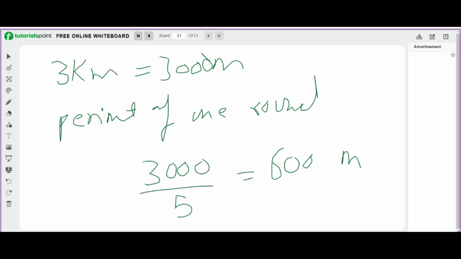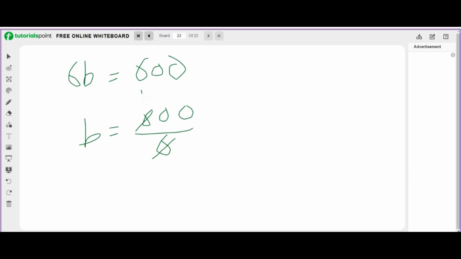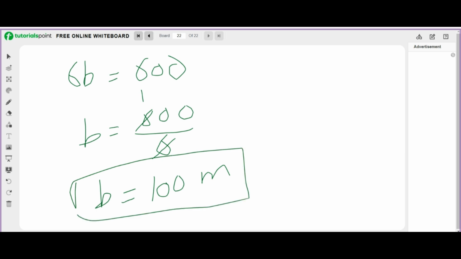Now 6B is equal to 600. Now I can write it like this: 6B is equal to 600. Okay, and then B will be here. 600 is divided by 6, 6 ones are 6, and B is equal to 100 meter. We have the value.